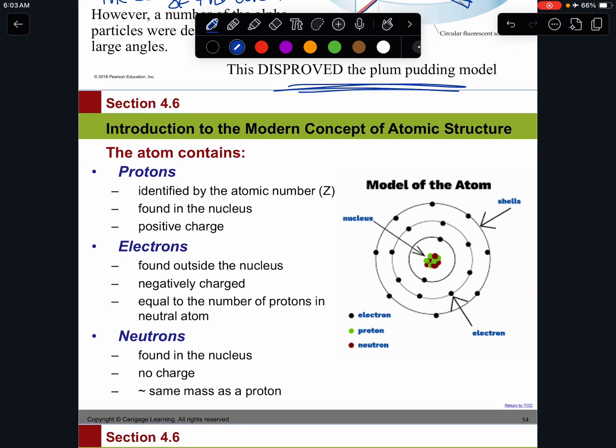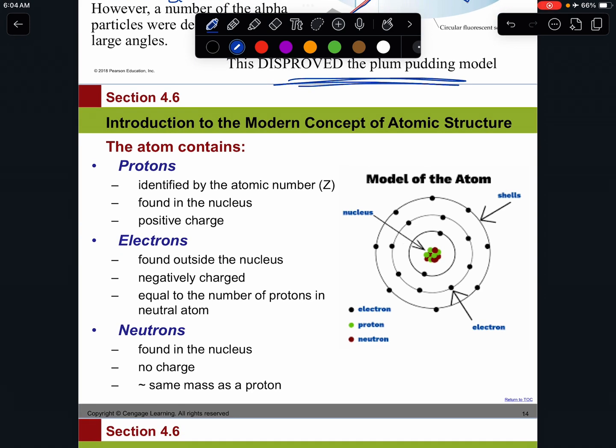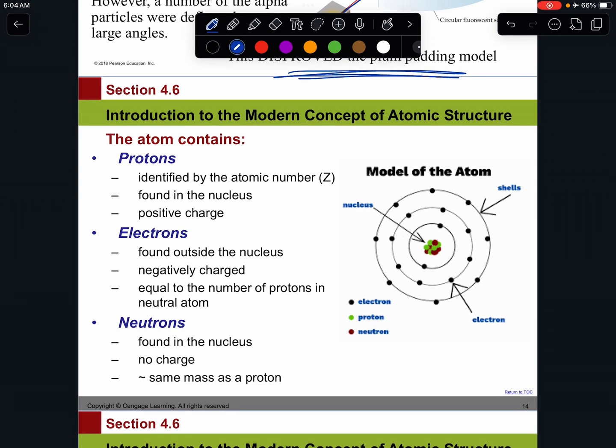Now we're going to fast forward, obviously, to what we still think of as the atom today. We know that we have a center nucleus, and that nucleus is made up of two components. The nucleus is made up of protons and neutrons. Protons have a positive charge, P and P, help you remember that.